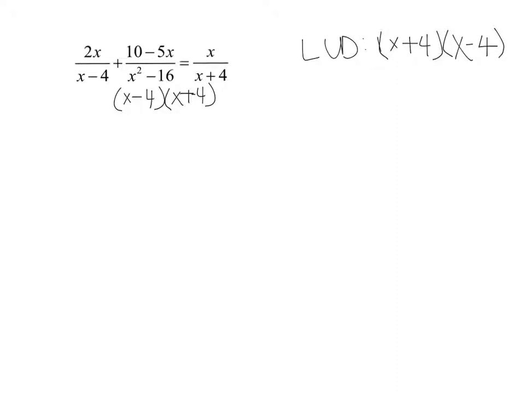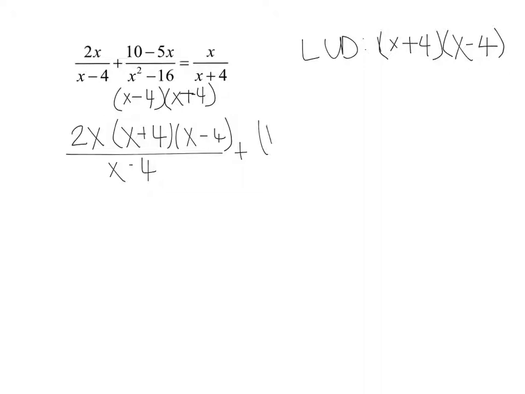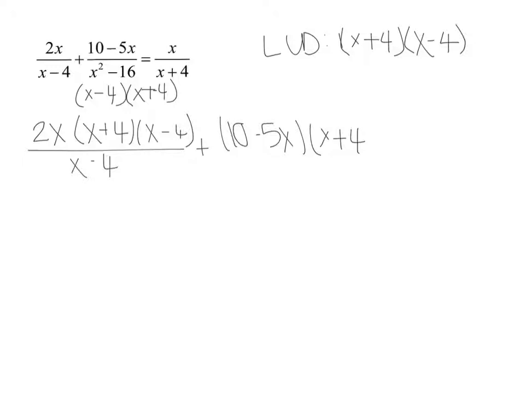So we go ahead and multiply all of our numerators by our LCD. We get 2x times x plus 4 times x minus 4 over x minus 4, plus 10 minus 5x times x plus 4 times x minus 4.